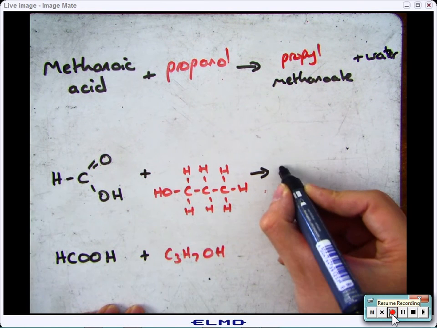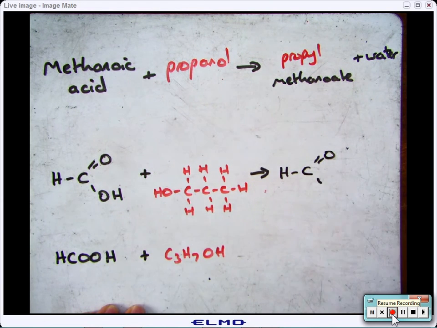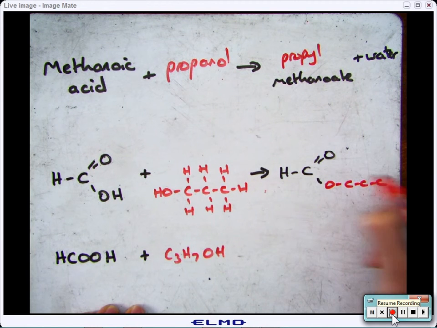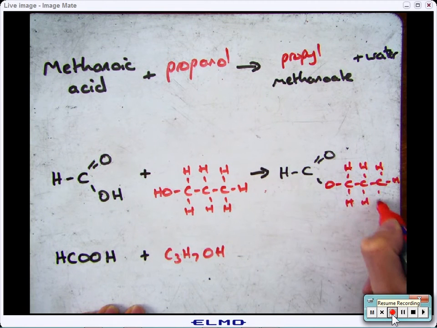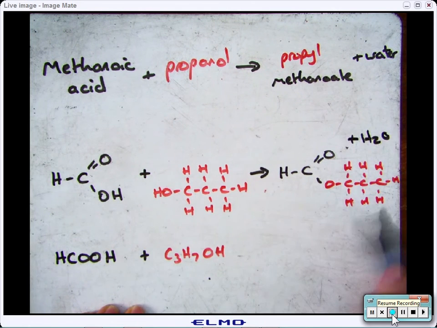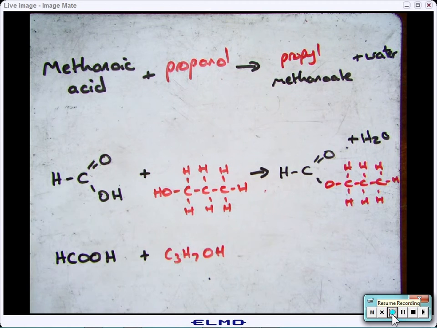So in terms of the structure for this, you'd end up with this. Obviously in an exam you'll try and get this all on one line, but I've run out of space here. So the name is propyl methanoate.